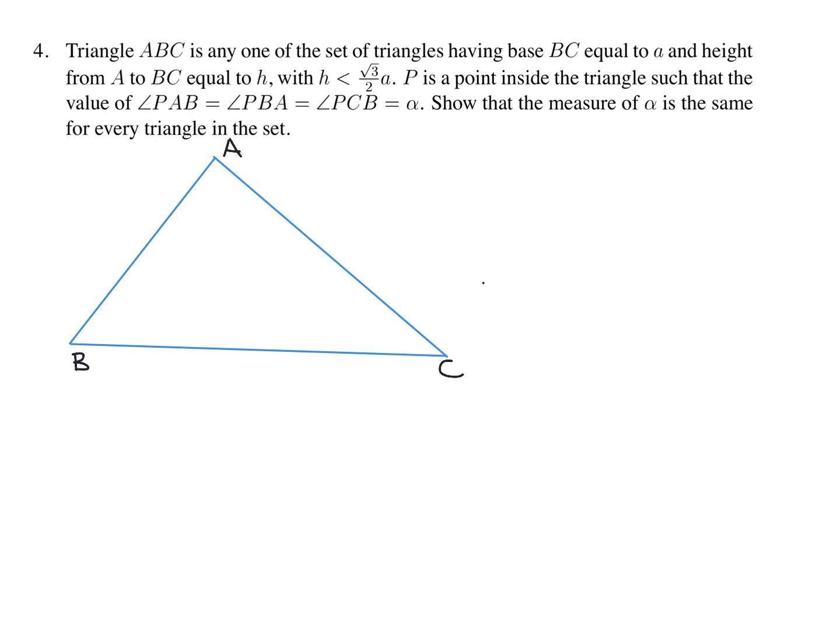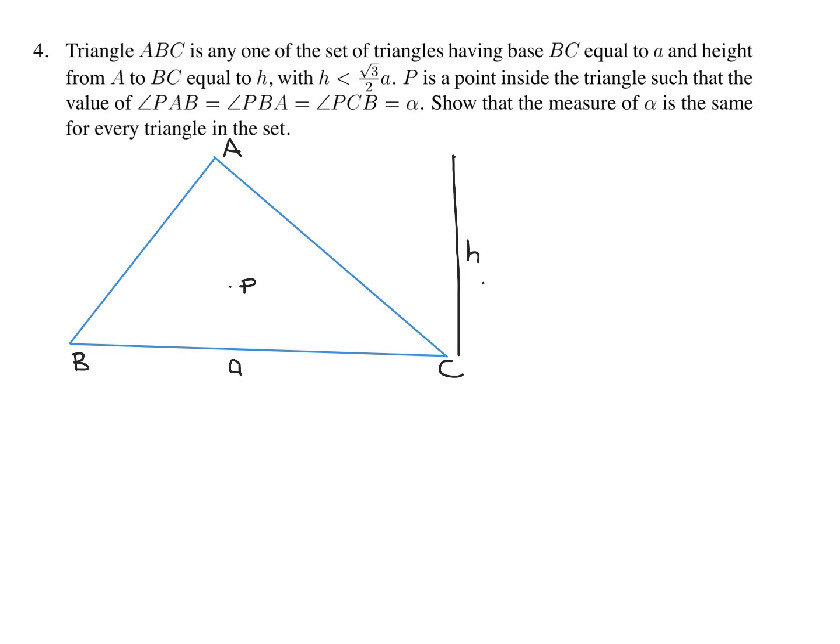Triangle, obviously BC I have made the base, so they're saying that's equal to A. Now they're drawing a line A down to BC, and they're saying that is equal to H. Okay, let's just put that on the side there. That altitude is H. I don't want to make the diagram too messy here because I got to put a P in there. And then they're putting this P somewhere. I'm not sure where, but let's just say here.